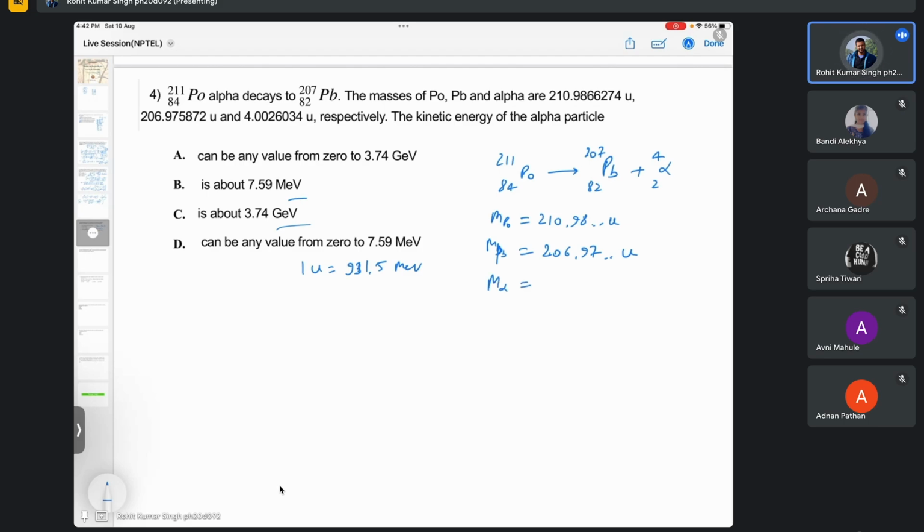And then the mass of the alpha particle is 4.0026 U. Okay, and we have to find the kinetic energy of the alpha particle. So how to do that?